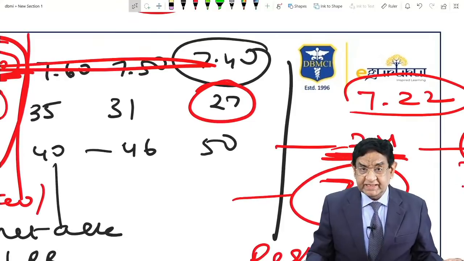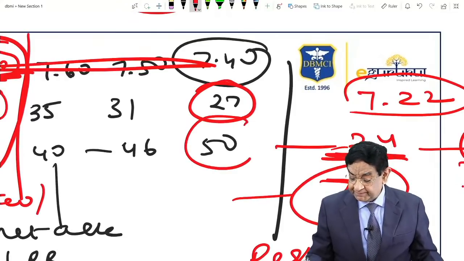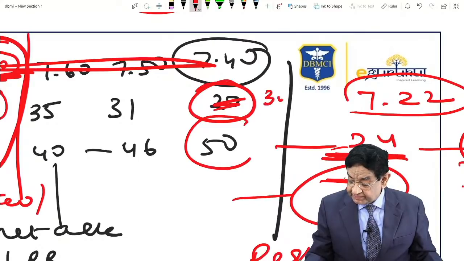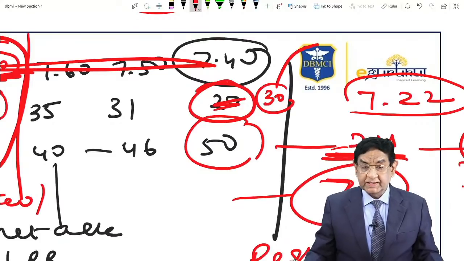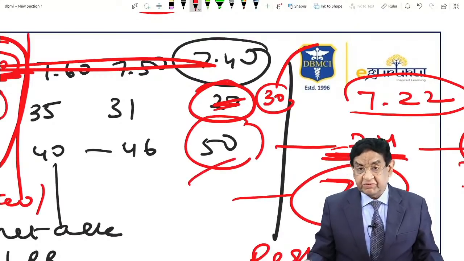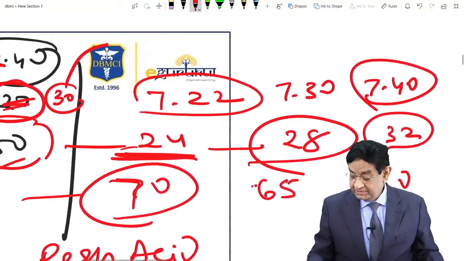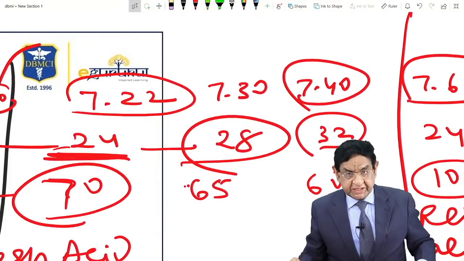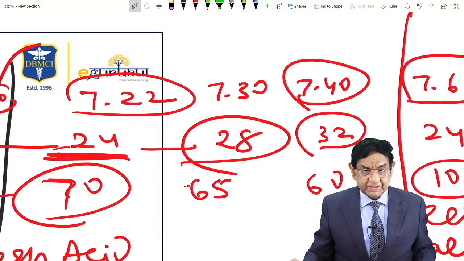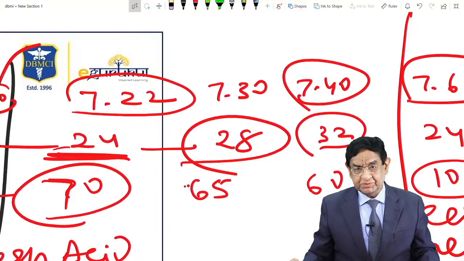Or if I say this is 30 and this is 50, bicarb is metabolic alkalosis, and this is respiratory acidosis. So in one patient, because of compensation, there can be a mixed picture also.